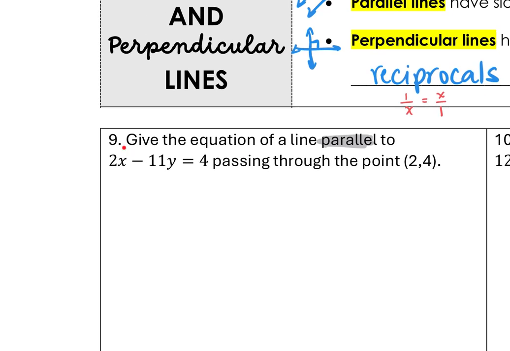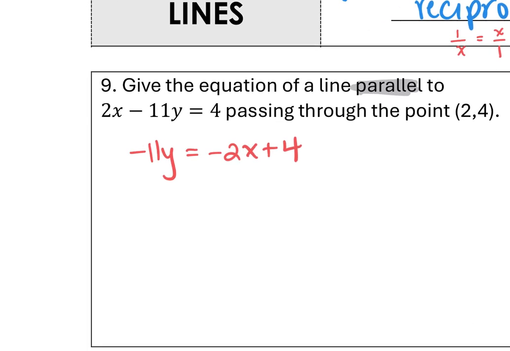We should be very comfortable with moving the x's over to the right side. So we've got negative 11y equals negative 2x plus 4. Then we divide by the negative 11. And again, we're going to divide all the terms by negative 11.